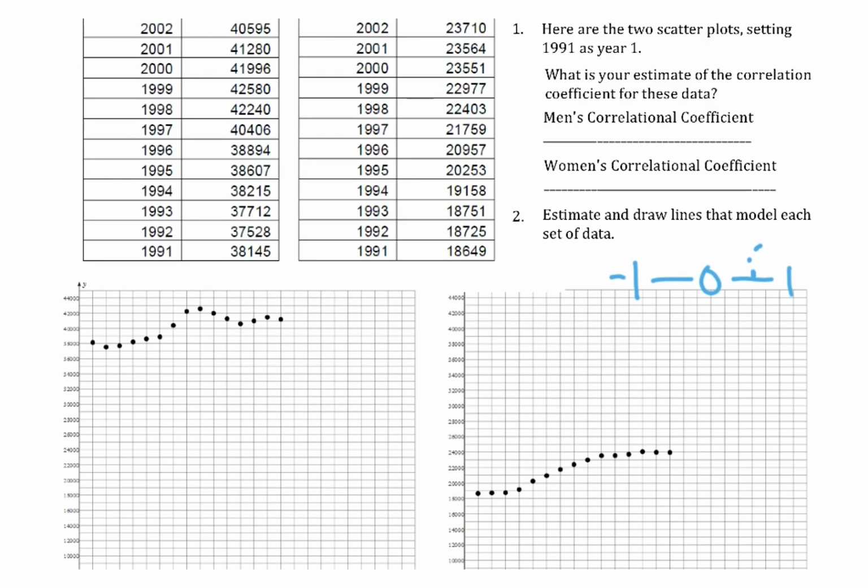At about 0.5 and above, we consider that a strong correlation. Below is a weak correlation. It works the same way with the negative version. This is a negative correlation, whereas here is a positive correlation. And close to 0 or at 0 is definitely no correlation.